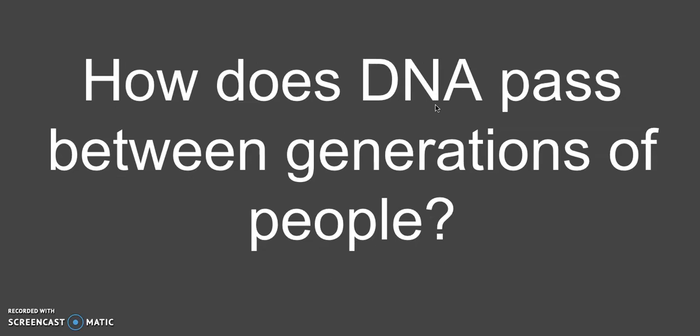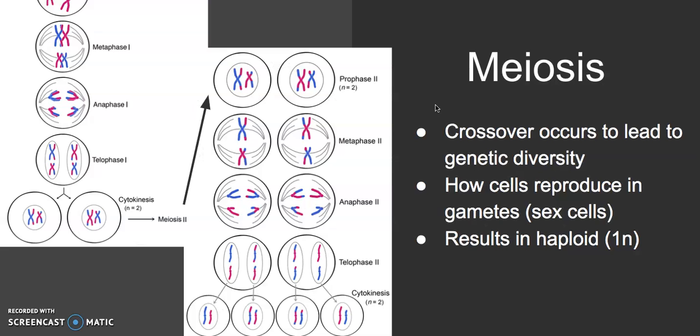But first, we're going to think about how DNA passes between generations of people. We talked about this last week. It occurs during meiosis. You have the same thing as mitosis, except some crossover, which leads to genetic diversity.